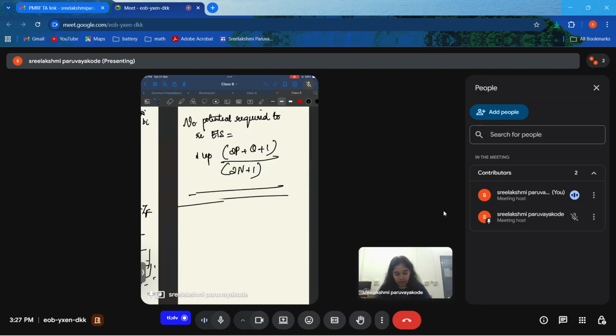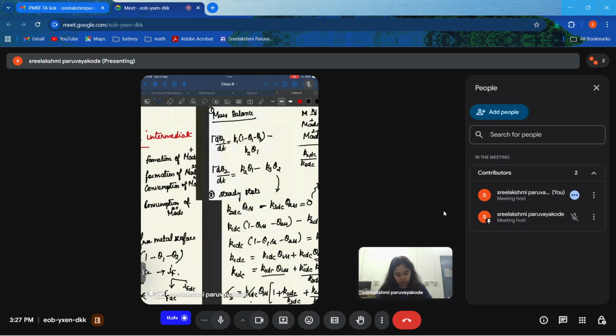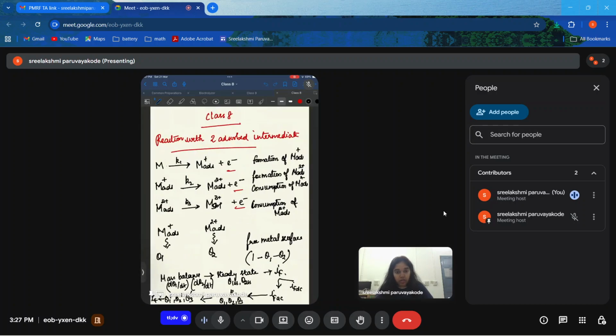So, in the last class, we looked into reaction with two adsorbed intermediates, where adsorption results in the formation of one intermediate, MHR plus, and in the next step, it forms MHR2 plus, and it is finally going into the solution.